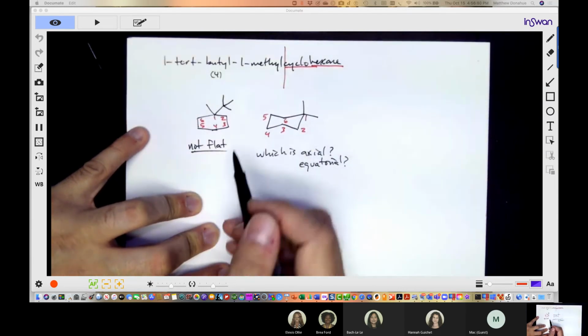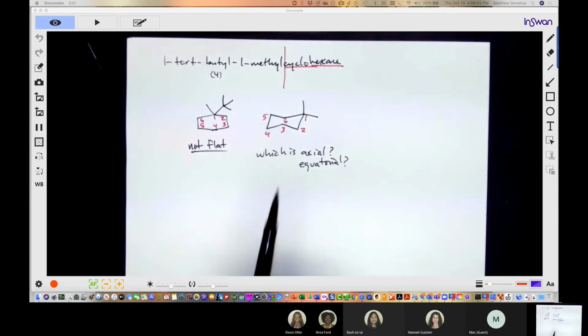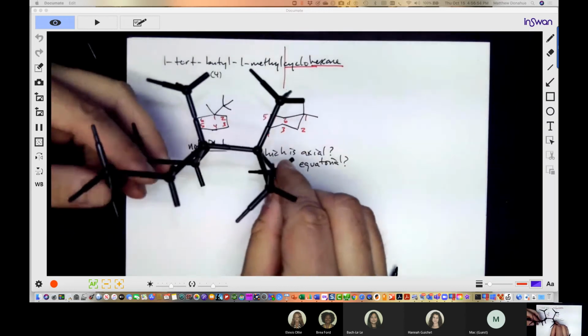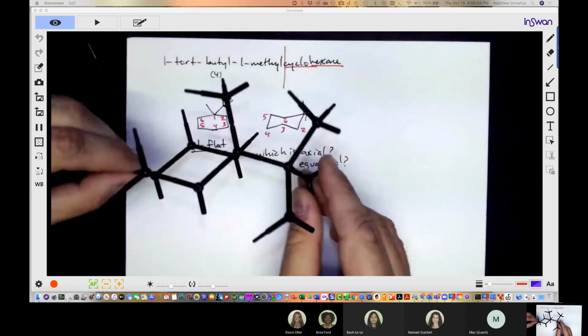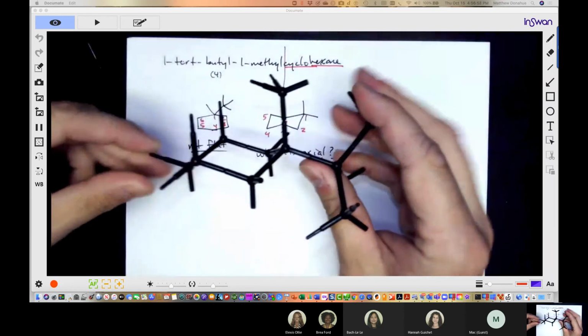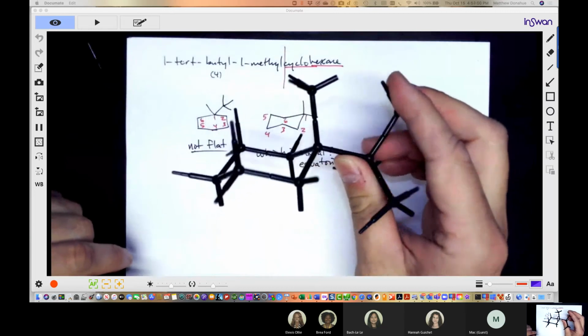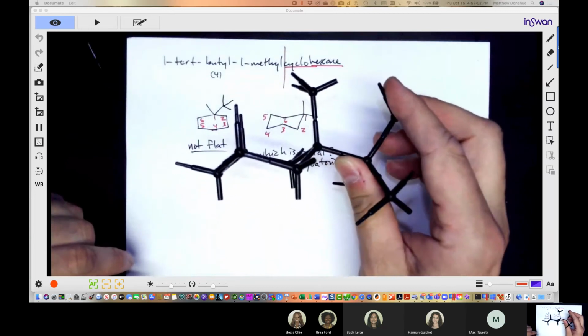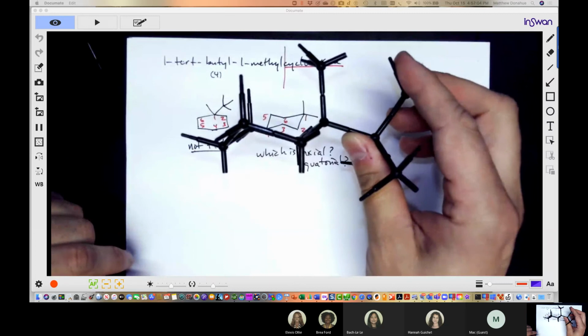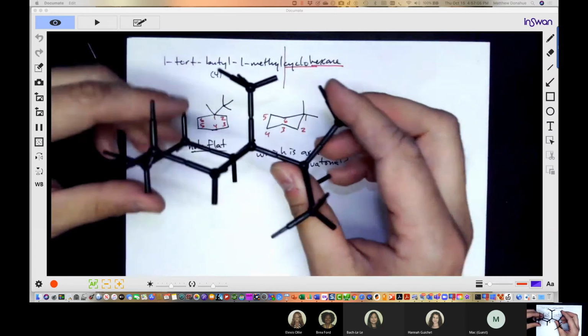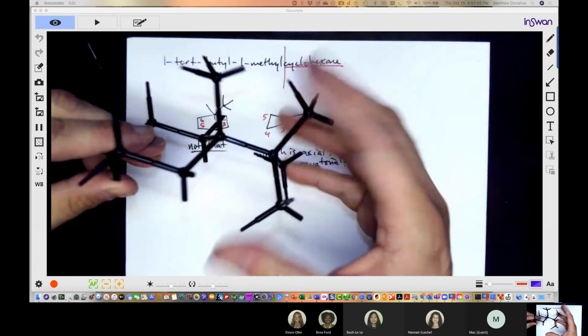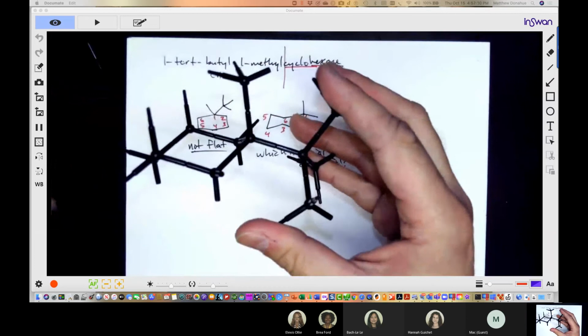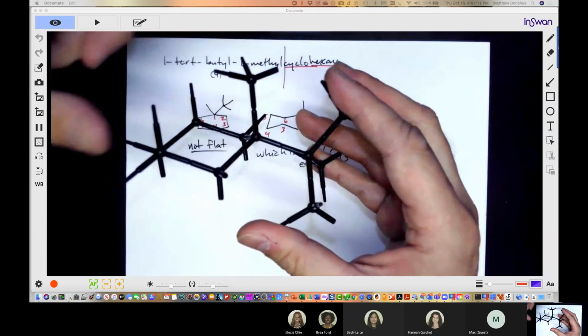So if you look at the size of this thing, and I've made a model of it. Here's our chair. I'm holding the tert-butyl group with my right hand, and then here is the methyl group.